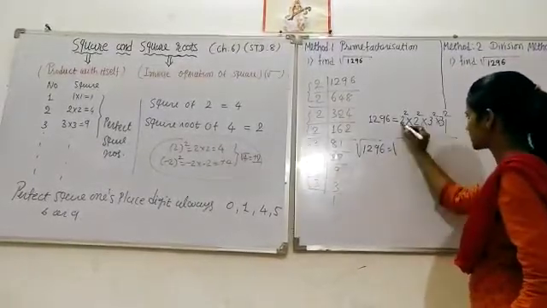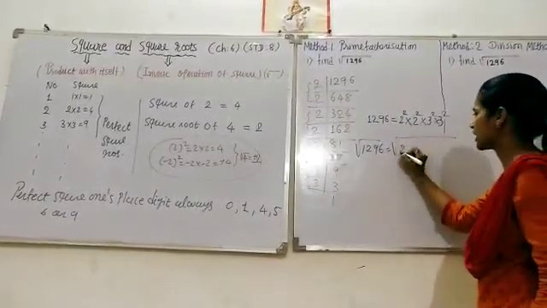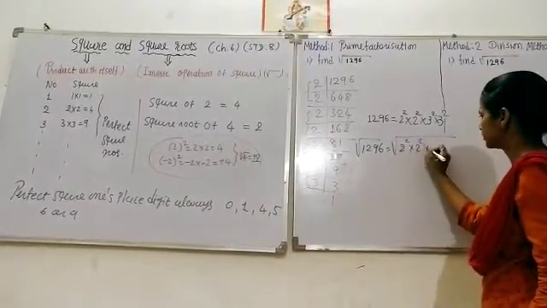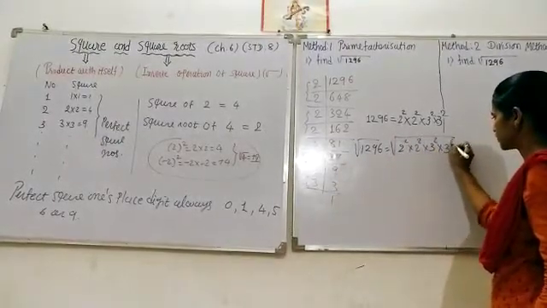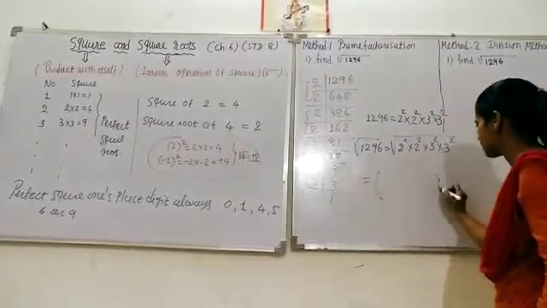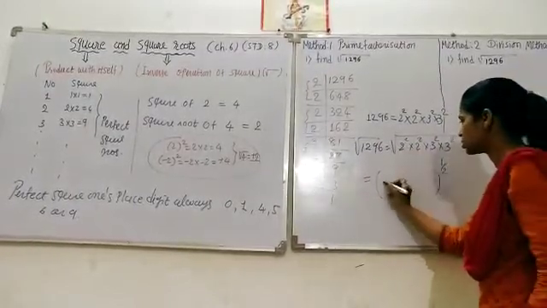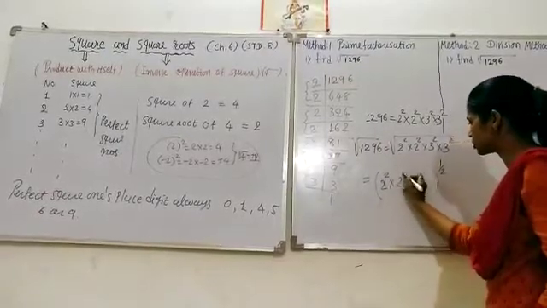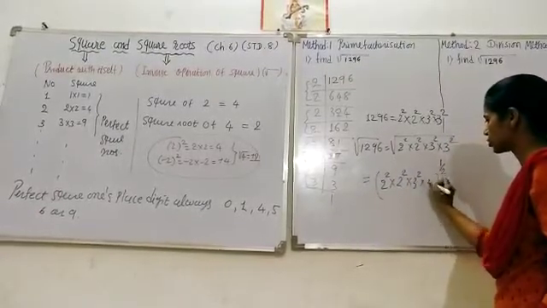Square root as it is, instead of 1296 you should write its power form. Now remove this square root sign, so its power becomes 1/2. So 2 square into 2 square into 3 square into 3 square.